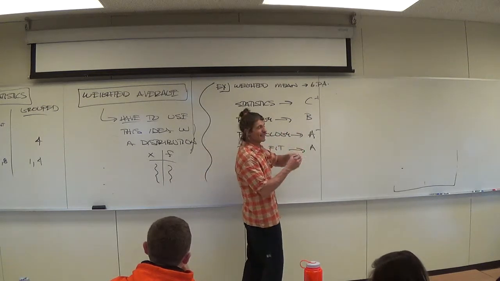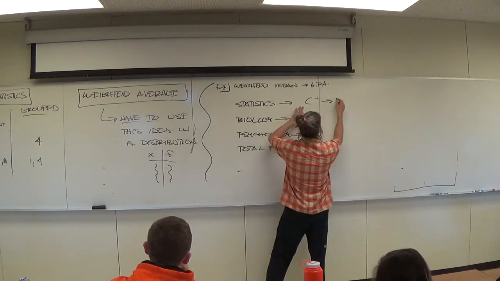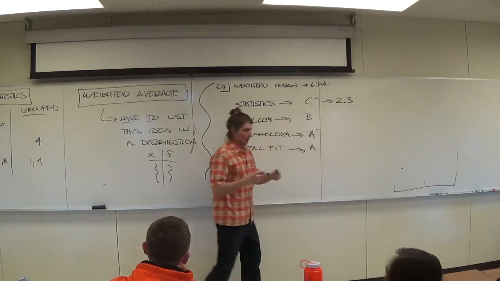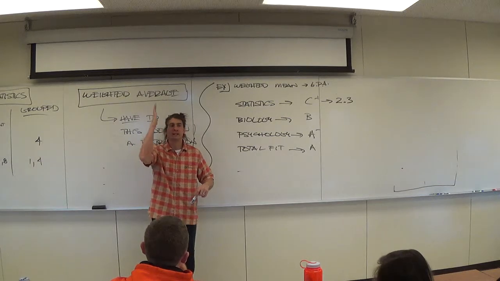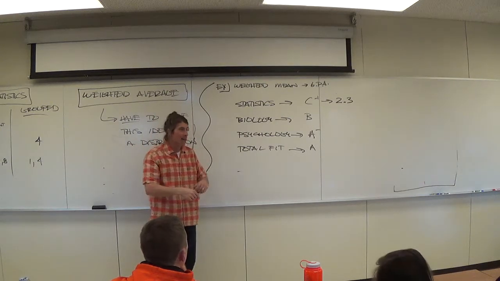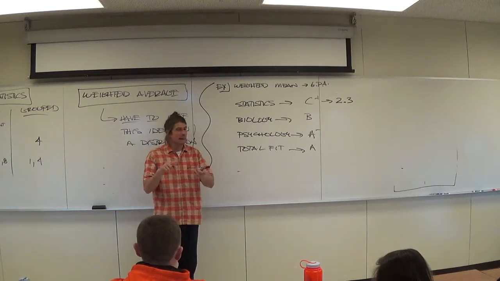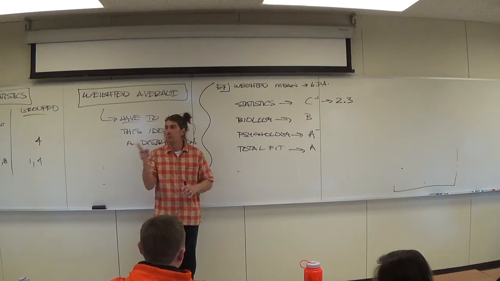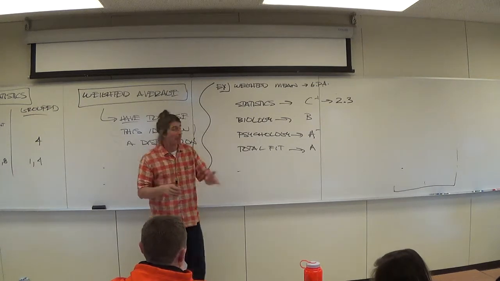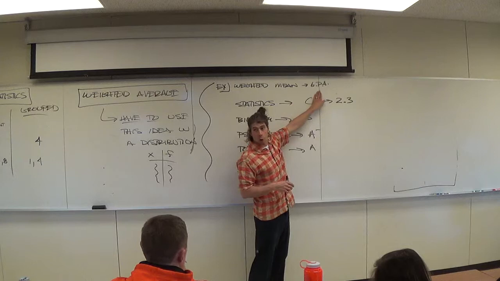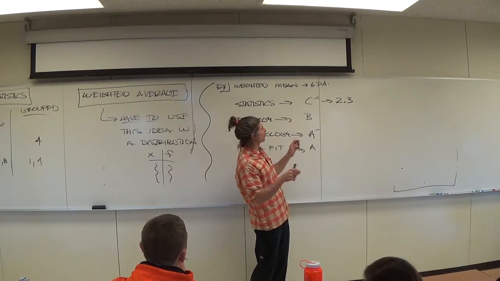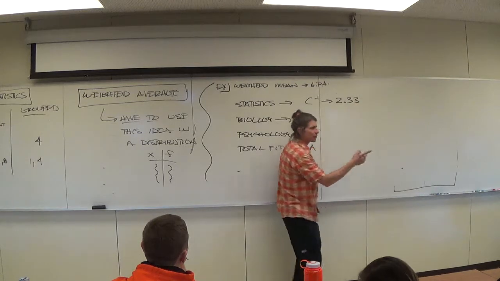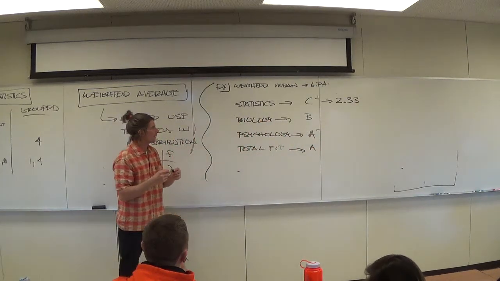A C plus, I think, is a 2.3. Because the way it works is an A is a 4, a B is a 3, a C is a 2, a D is a 1, and an F is a 0. And the pluses and minuses are 0.3s above and below that. So a C would be a 2, a C plus would be a 2.3. But is it 2.3 or 2.33? I think it's 2.33 because your GPA is 2 decimals.